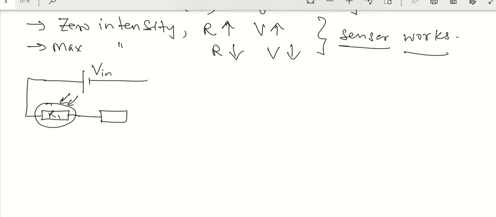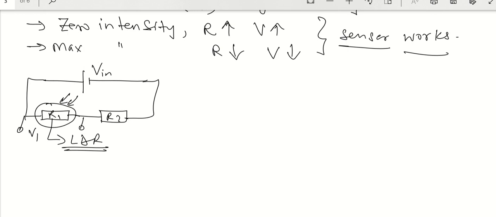So this is R1, this is R2, and everything is the same. Only thing is the first one is an LDR, and everything works exactly the same way. You get your V1 here, right, and all the formulas are the same.